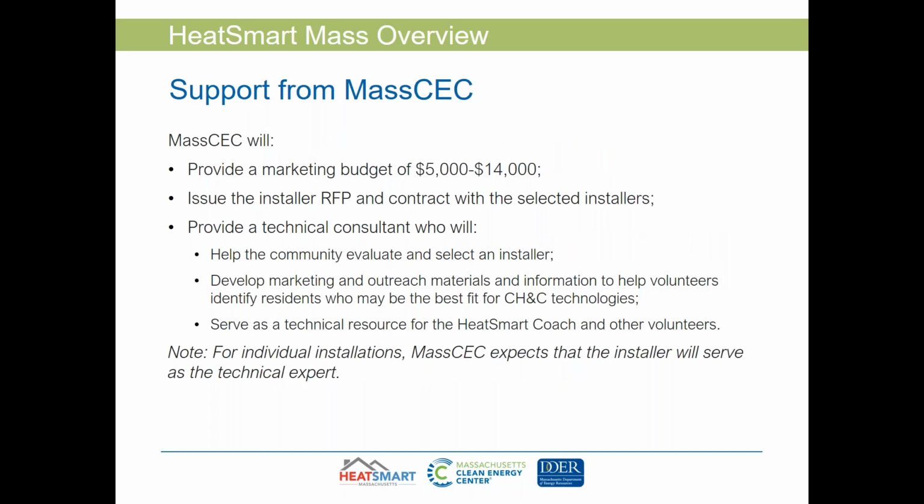So to give just a high-level overview of the level of support that Mass CEC offers, we provide a marketing budget of anywhere from $5,000 to $14,000 per community or groups of communities. Why it's a little bit of a bigger range this year is something that is detailed on page 5 of the RFP.